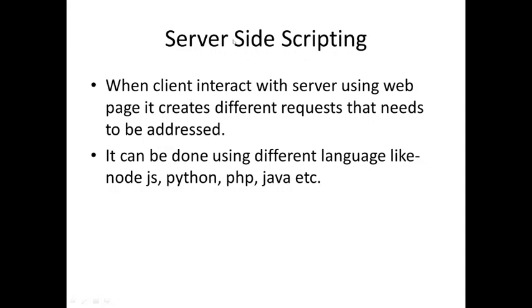With the help of the interface, we are loading the content, and we can generate further requests using the interface. When a further request comes to the server, it needs to process it. This processing can be done with different types of scripting languages. To name a few, we have Node.js, Python, PHP, Java, etc. We can also use C++, in some way.